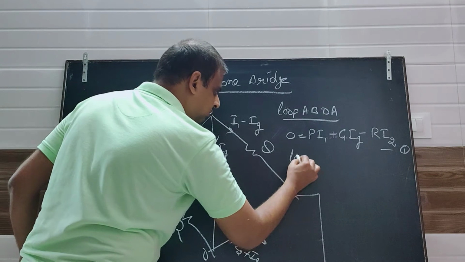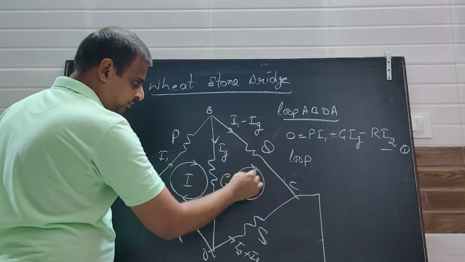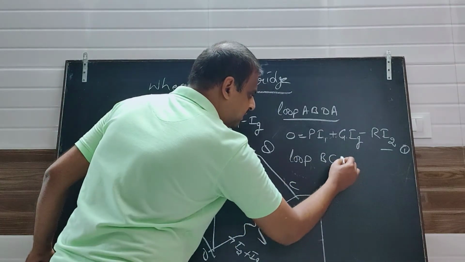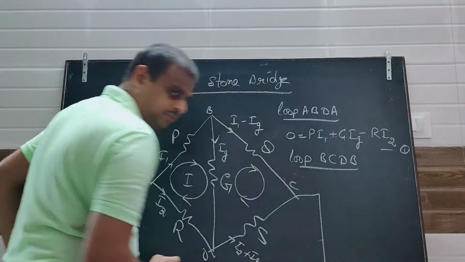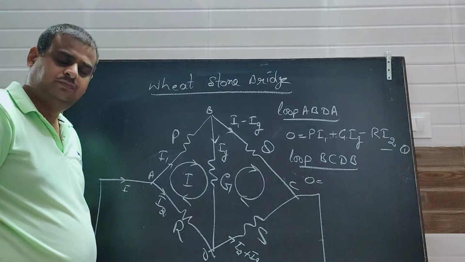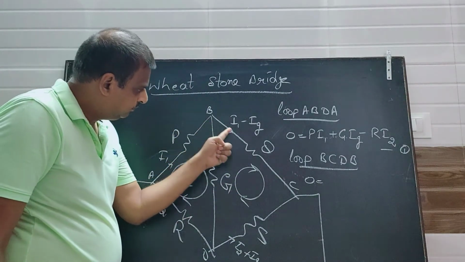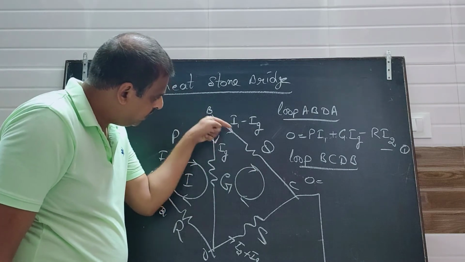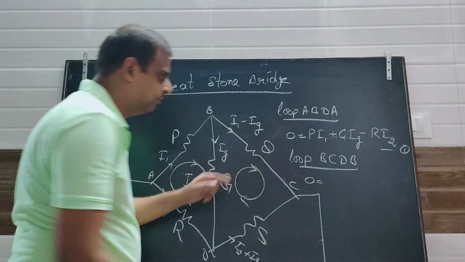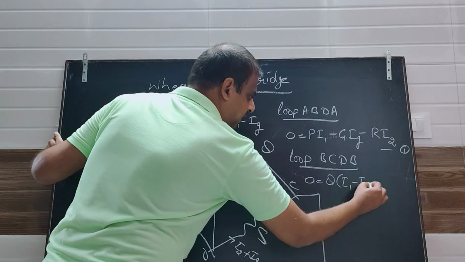Consider the second loop, B, C, D, B. Again, there is no EMF in the circuit, so the left hand side is equal to 0. The direction of loop and the direction of current is the same, so current into resistance is positive. So this is Q into I1 minus Ig.